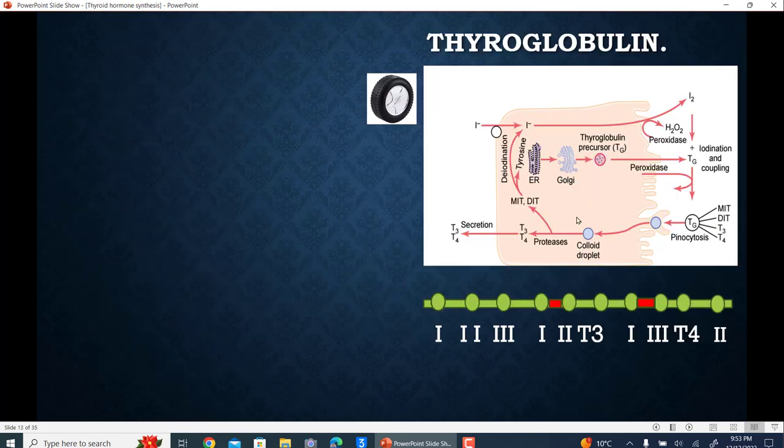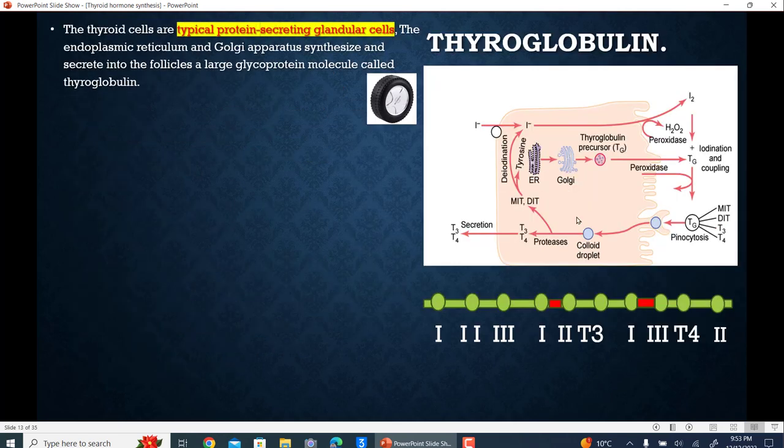Thyroglobulin. The thyroid cells are typically protein-secreting glandular cells. The endoplasmic reticulum and Golgi apparatus synthesize and secrete into the follicle a large glycoprotein molecule called thyroglobulin, which combines with iodine to form the thyroid hormone.